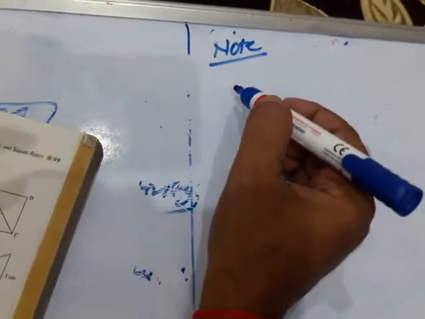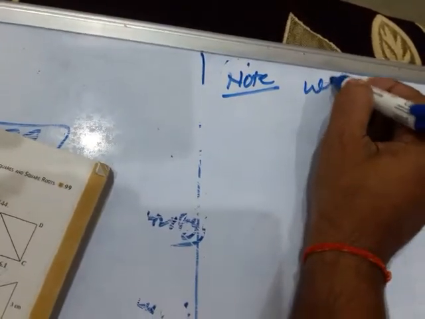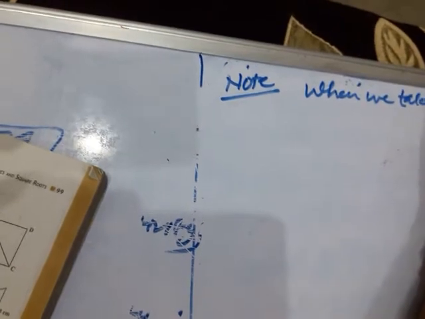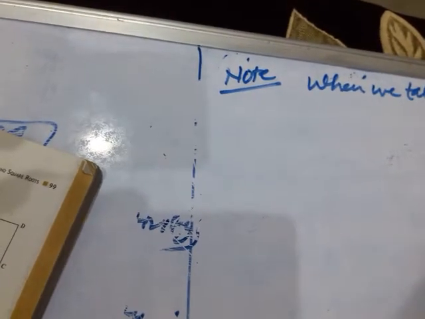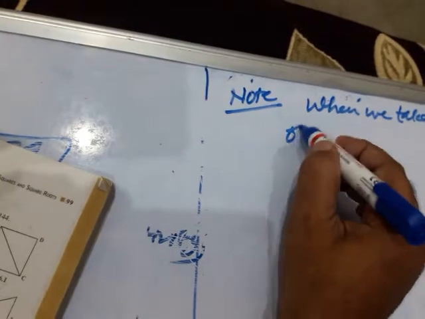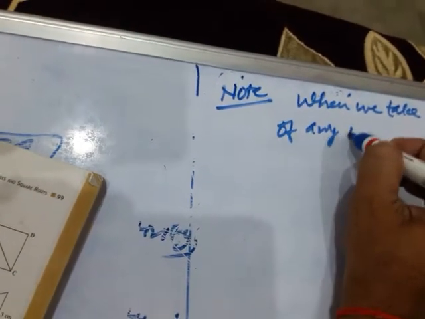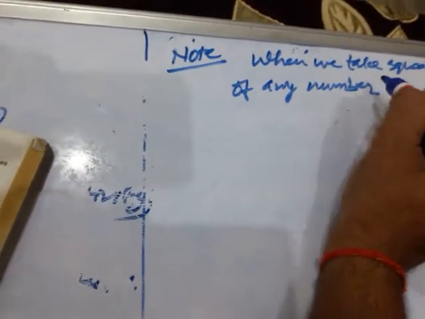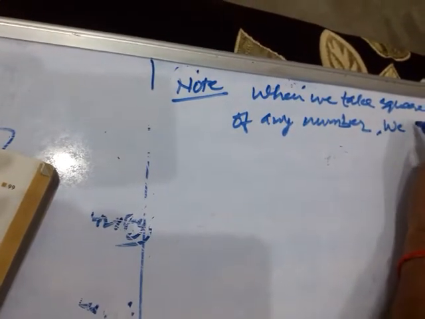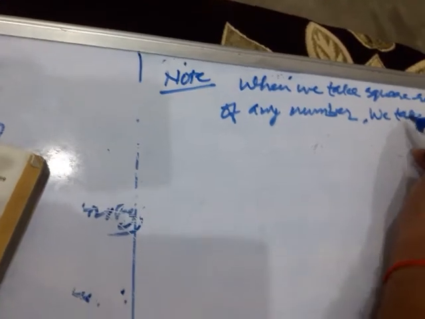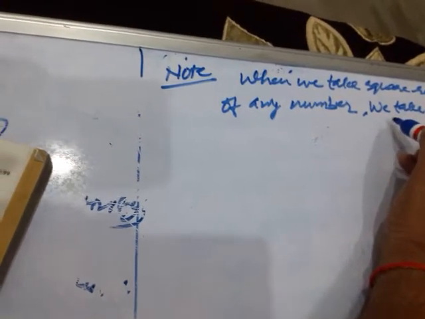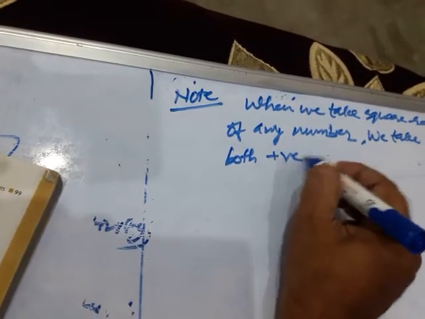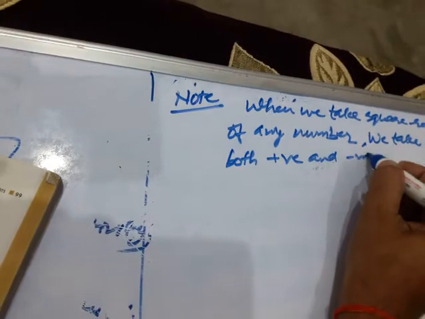When we take square root of any number, clear, we take both positive and negative sign.